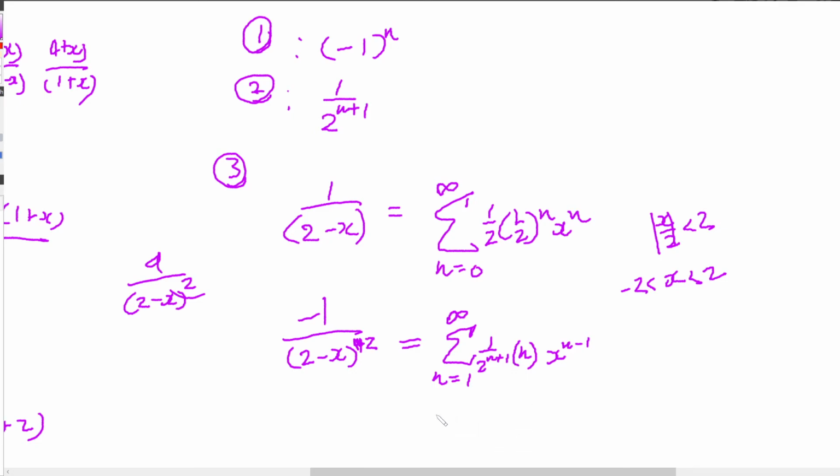So if we want x to the n again, we go back to n is equal to 0, and we let this be n plus 1. This becomes 2 to the n plus 2, and we have x to the n here, because we've just let the new n be the old n plus 1. Is that right?